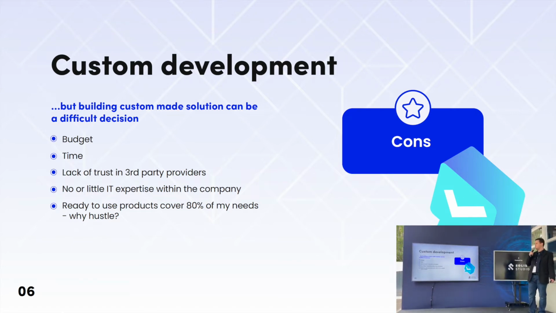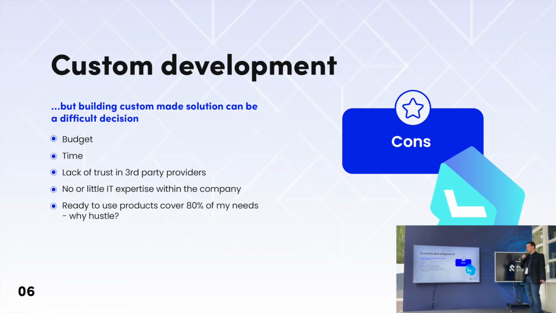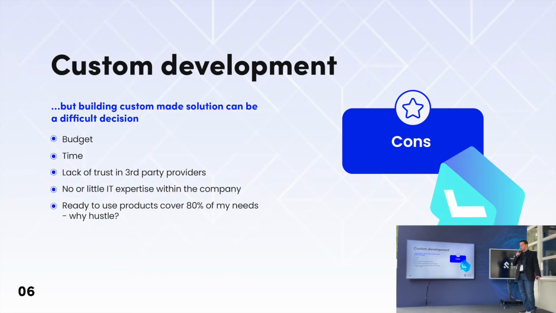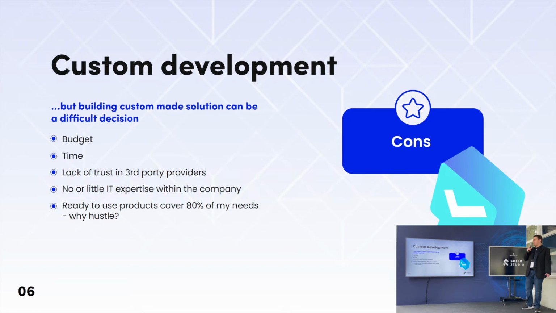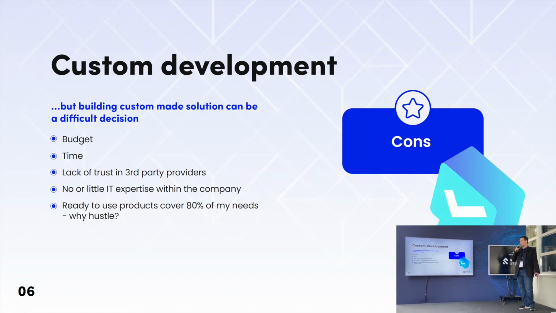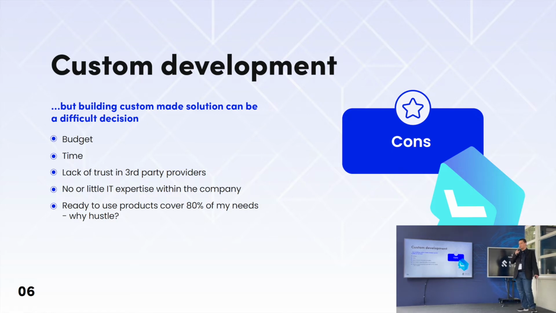It might not be true for all of you, but some companies do not have a dedicated IT team within their company, so they need to trust an external third party to develop this solution for them. And it is, of course, always risky to trust with your own IP and let it develop to the other company. You need to develop a healthy relationship with them and have a lot of trust in them to develop exactly what you need.